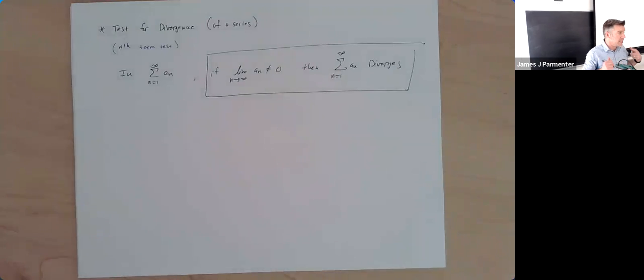So if the sequence converges to something that is not 0, then the series has to diverge.